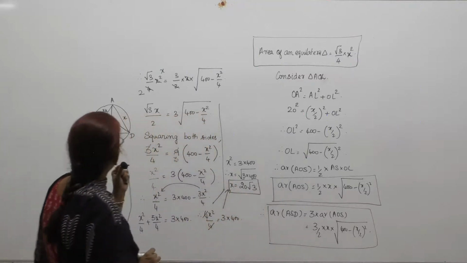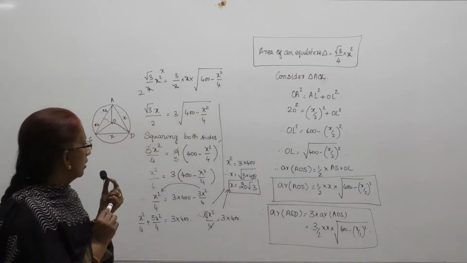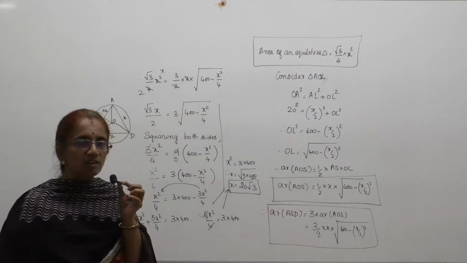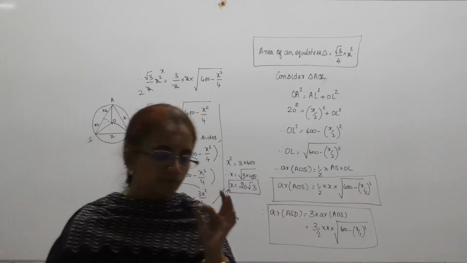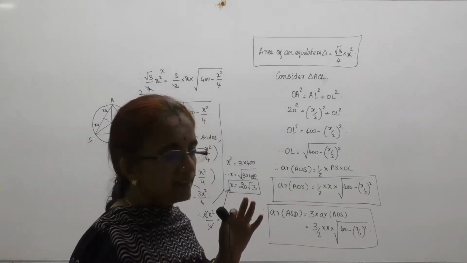So we have found that the length of each of these strings will be 20 root 3 centimeter. I mean meter. X is the length of the string.